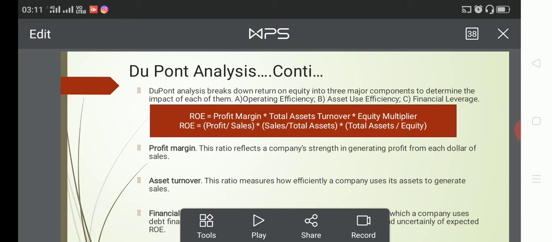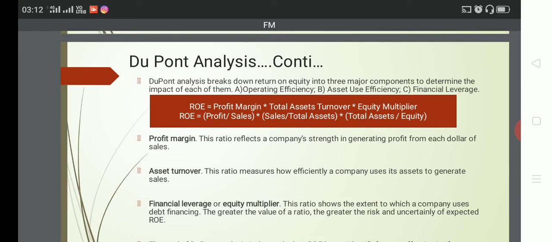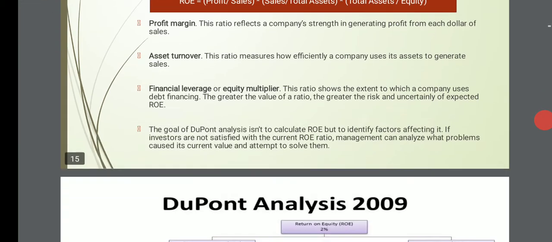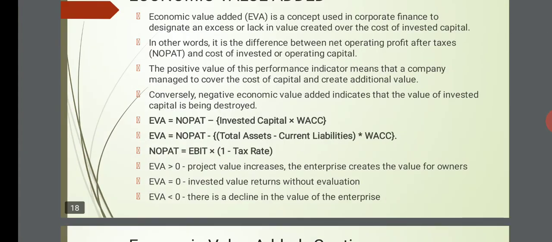But that is not true always, because when you buy more assets out of debt rather than equity, that leads to a decrease in the perceived reputation of the firm, and that may lead to a decrease in the market value of the firm. So it is not always true that return on equity will be directly proportional to equity multiplier. So these are the demerits.